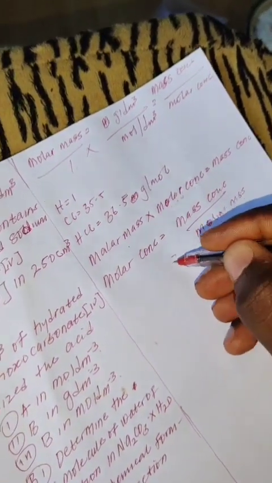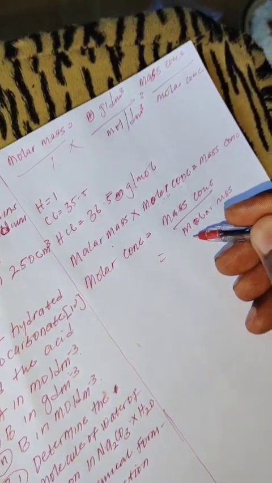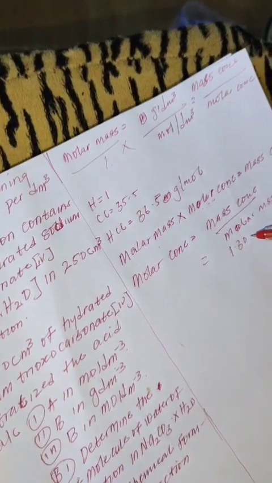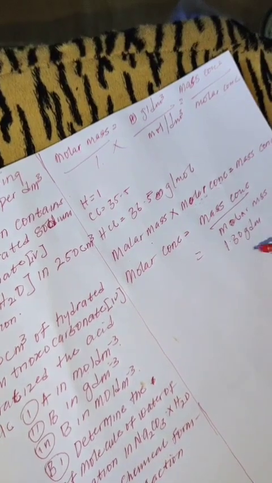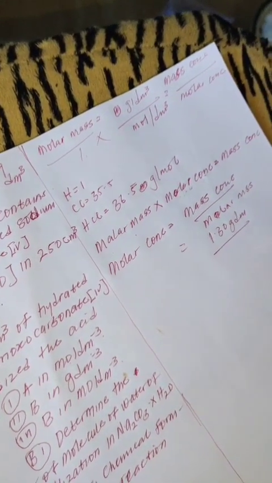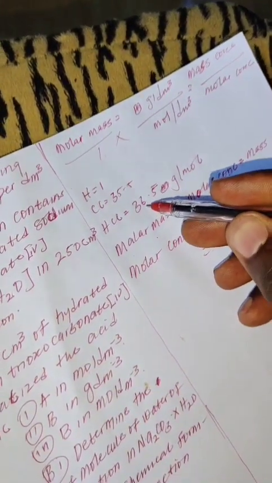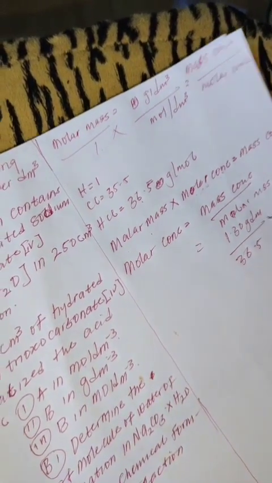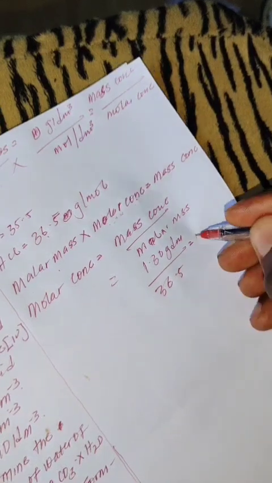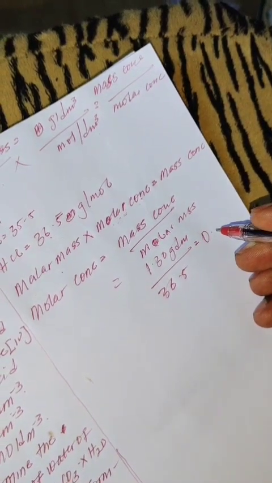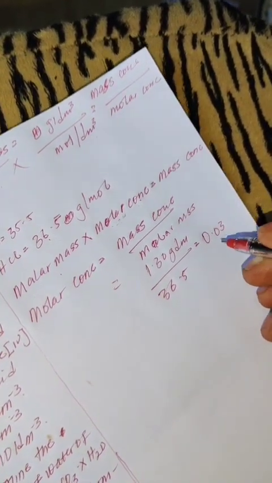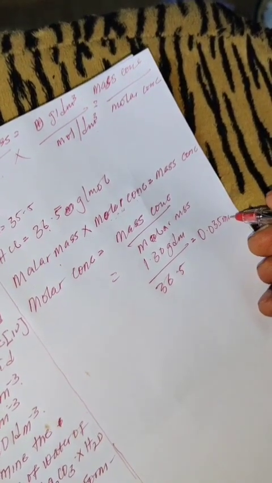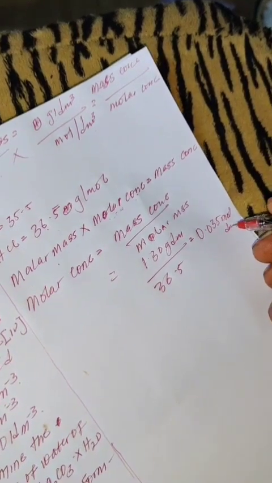And if we do that, our mass conc here is 1.30 gram per dm³ over our molar mass, which we have solved to be 36.5. So if we do that, we are going to have 0.035 mole per dm³.